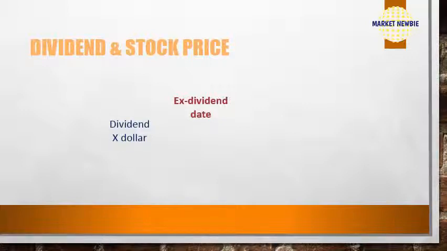Since the company has paid, say, X dollars in dividends per share out of its cash account, the equity account, that is the stock account on the right side, should decrease by an equivalent amount. This means that an X dollar dividend should result in an X dollar drop in the share price. This is another reason to remember the ex-dividend date and take its price drop into consideration so that there are no surprises.